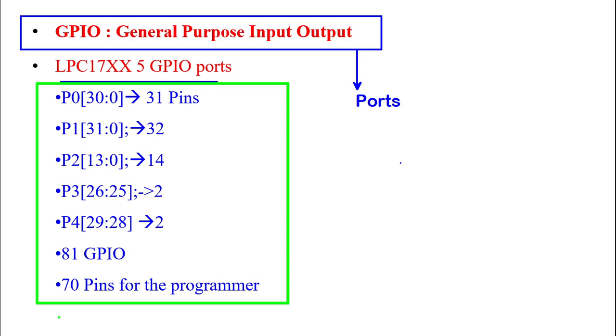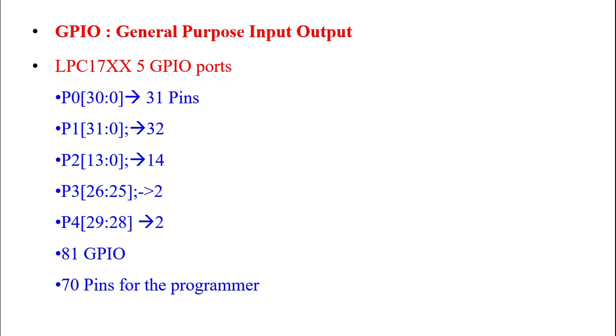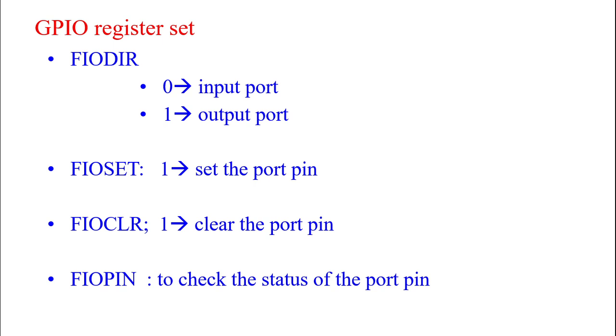Okay, now coming to the second point: how to program GPIO? Not only GPIO, any peripheral is programmed with the help of registers. Each peripheral has different registers, and each register has its own control bits and configuration bits.